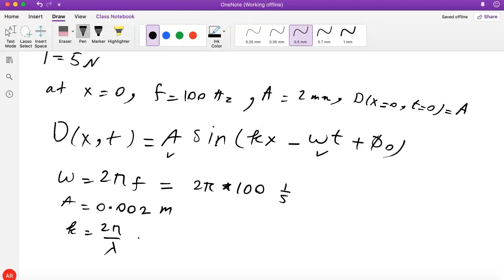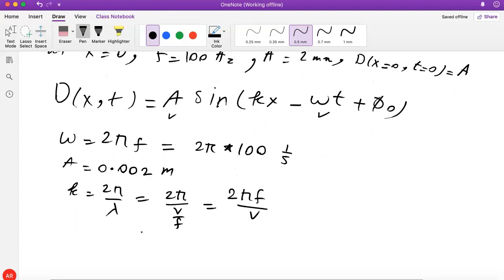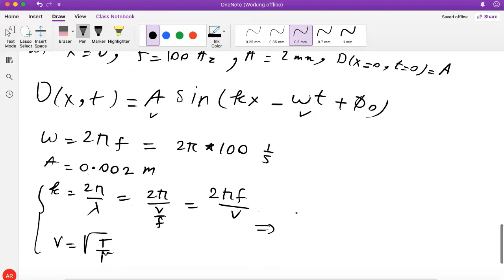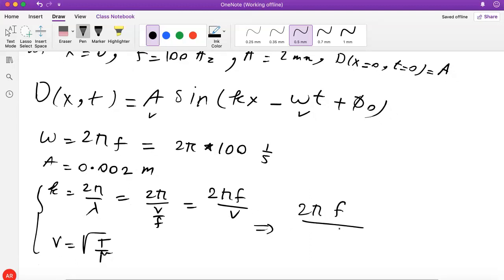Well, what was lambda? Lambda was V times T, or V over F. So that becomes 2 pi V over F. And V goes upstairs, and that's 2 pi F over V. Okay? The speed of the propagation of our wave, and we know what that is. That's the square root of t over mu. We have all those numbers, so we're good with that as well. So that's 2 pi f, we know f, that's 100 hertz, over the square root of t over mu.